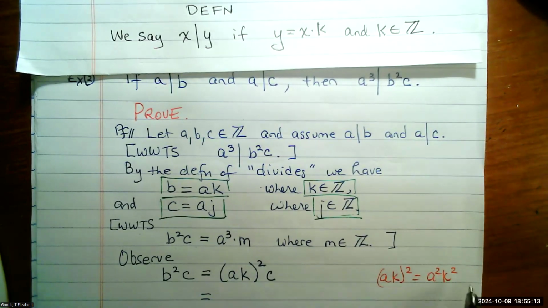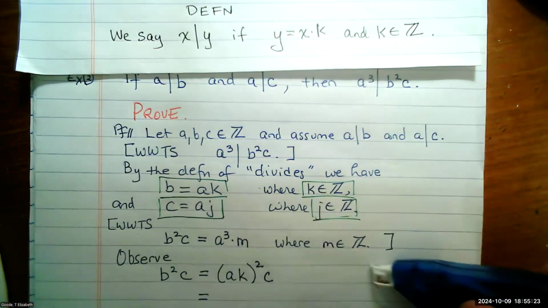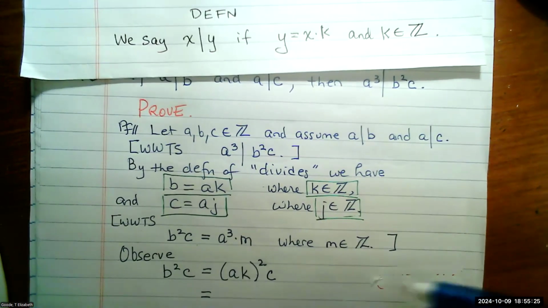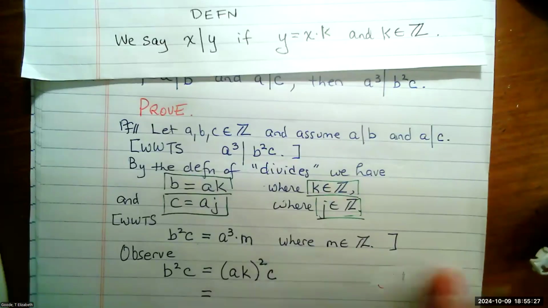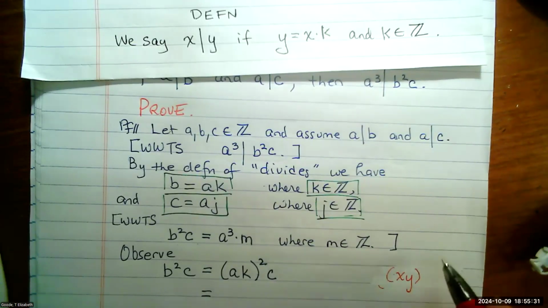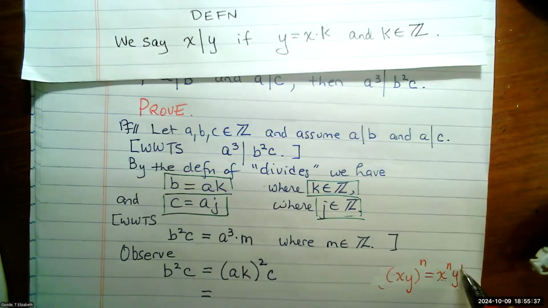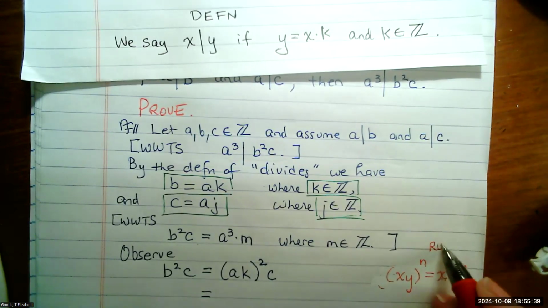Because of rules of exponents, we can distribute this 2 across the two factors. In general, the rule is that if you've got a product, x, y, raised to some exponent n, you can distribute that exponent across the factors. That's the general rule for exponents.